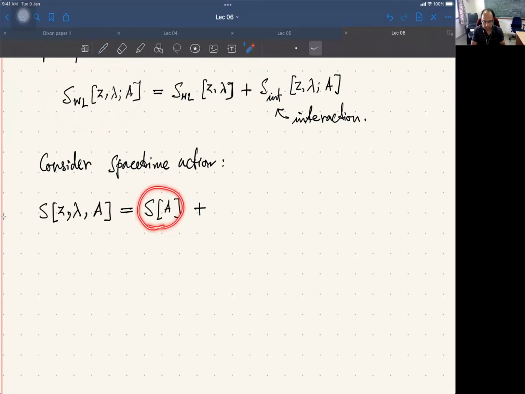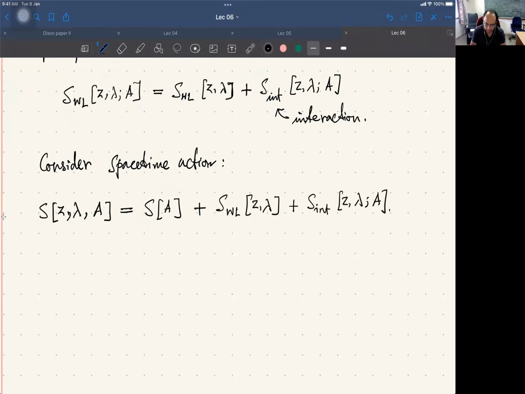The first action is supported over the four-dimensional space-time, but this action is supported only along the worldline. So that is given by S(Z, lambda) plus S interaction(Z, lambda, A). Okay.